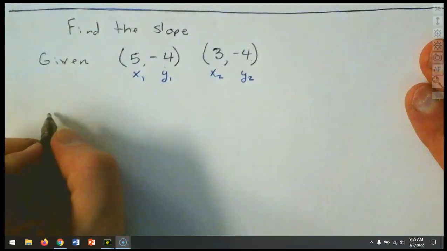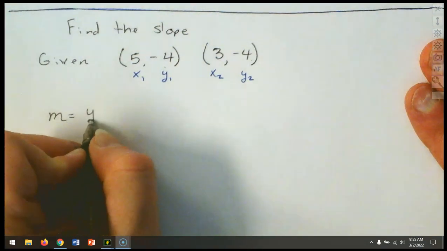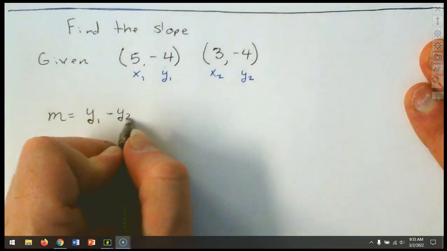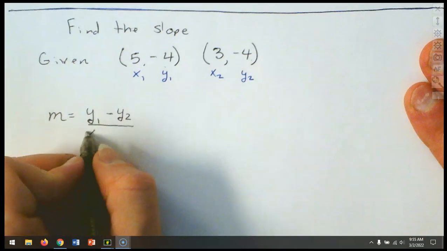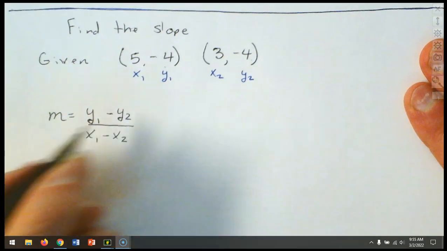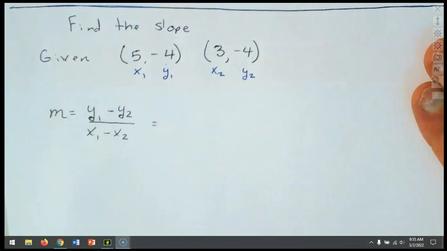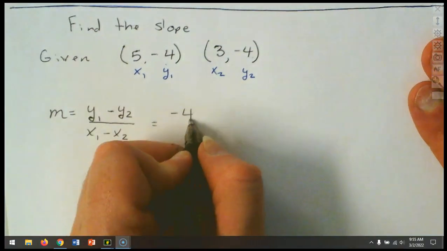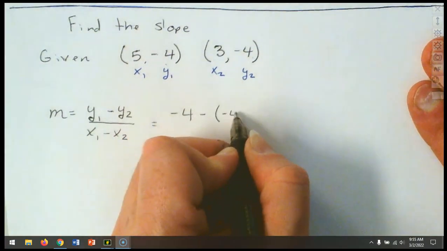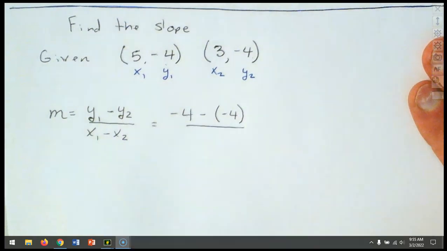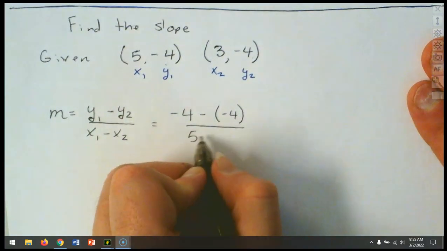Write up our formula. M equals y1 minus y2 over x1 minus x2. Fill it in. Minus 4 minus a minus 4 over 5 minus 3.